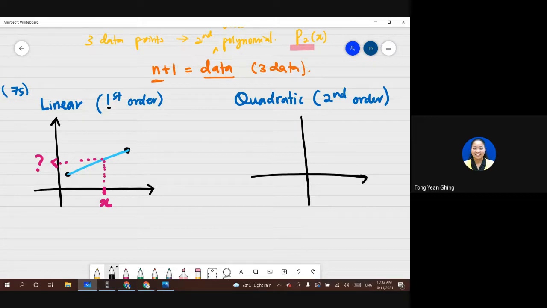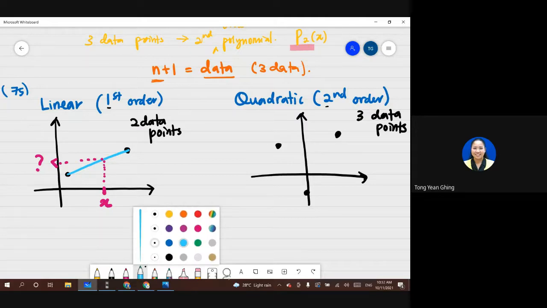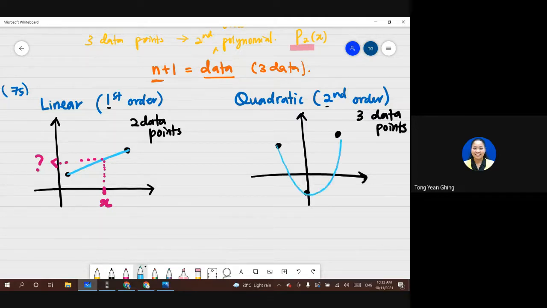Okay. Let's say we have 3 data points, because this one is 2 data points, and this one is 3 data points. And let's say we have a graph like this, passing through different points.